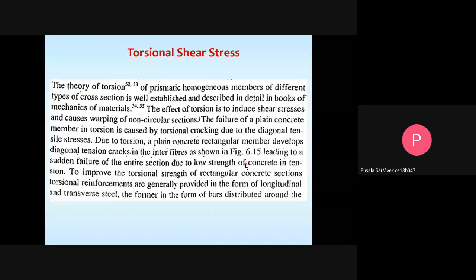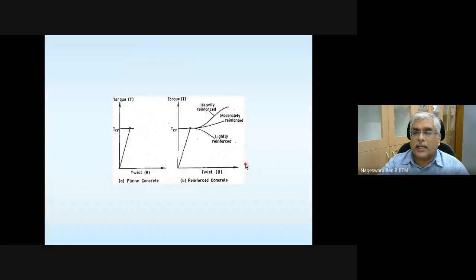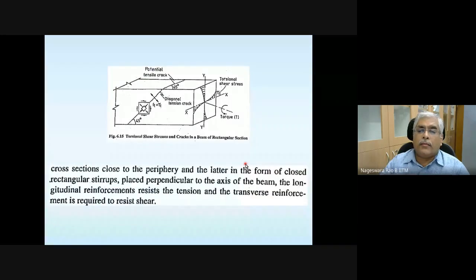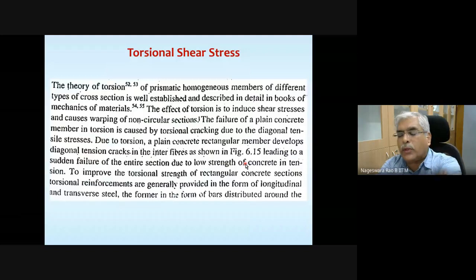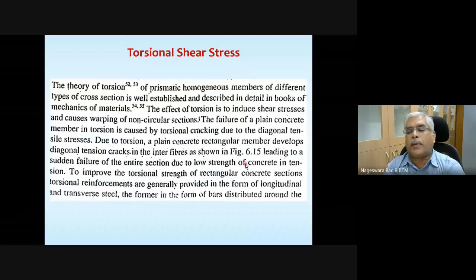And also let's understand reinforced concrete. Now we noted that a reinforced concrete section can be subjected to primary torsion or secondary torsion, and because of that torsional moment, what is going to happen? Let's see that.